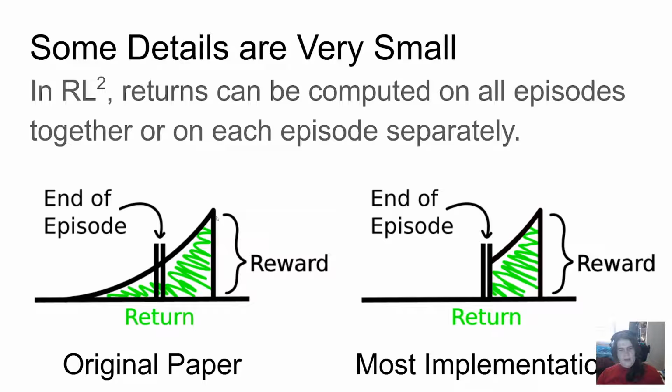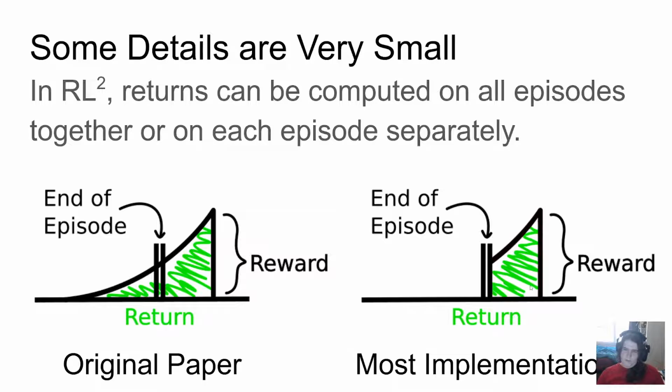So if in the second episode you've got the reward shown here, that implies a return correction leading back into the past that includes this episode, but also the end of the prior episode. Now these two episodes are not causally connected except through the recurrent neural network, so it doesn't necessarily make sense to do this. And the most common implementation doesn't.